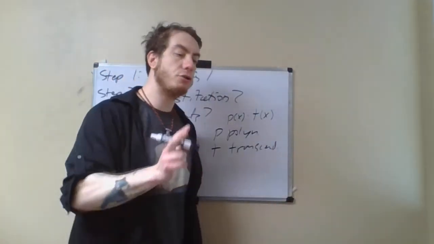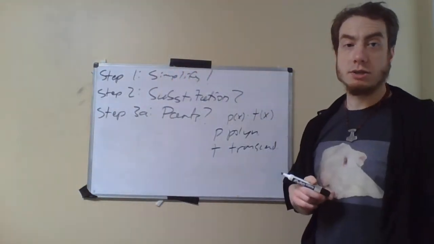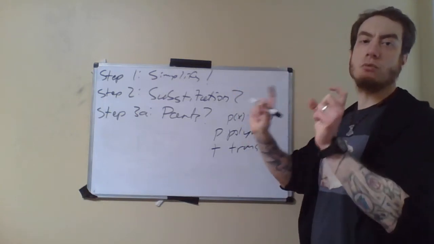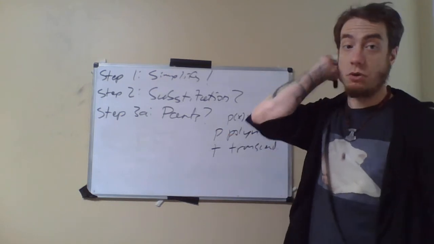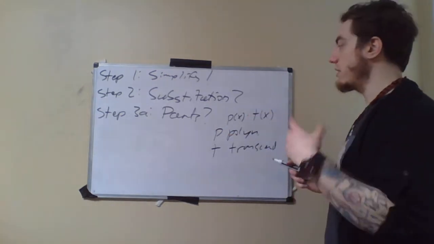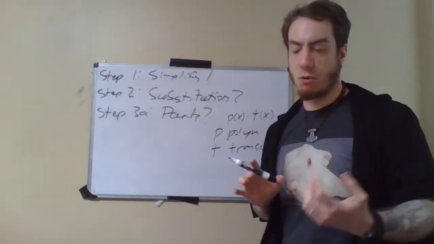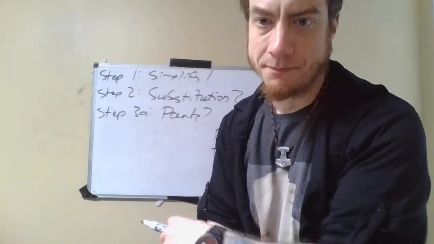Sometimes, if you have two transcendental functions multiplying each other, you can also use parts and do one of those things where eventually you get back to the original integral, but you can then solve for that integral. We've seen that before as well, where you can sometimes do a clever use of parts.